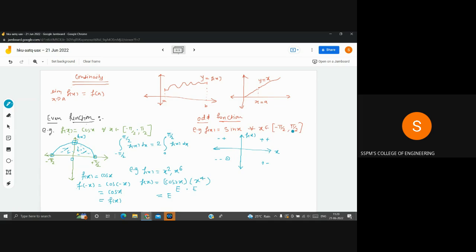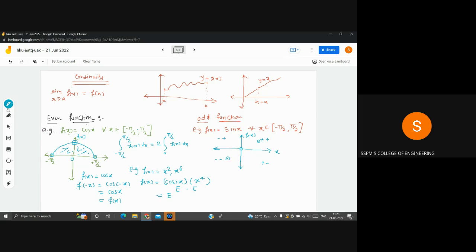Now in this interval, the central value is 0. So what is sin 0? It is 0. So the curve will pass through the origin. Then x is pi by 2, sin pi by 2 is 1, so both are positive. Will you join these three points by a straight line? No, by a typical curve.